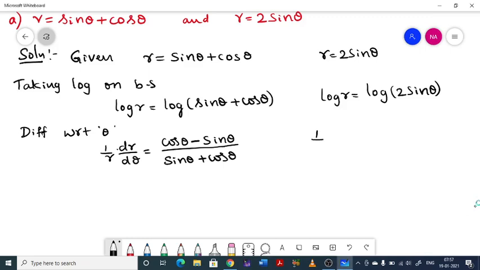And this side 1 by r into dr by d theta equal to denominator 2 sin theta, numerator derivative of sin theta, 2 cos theta.